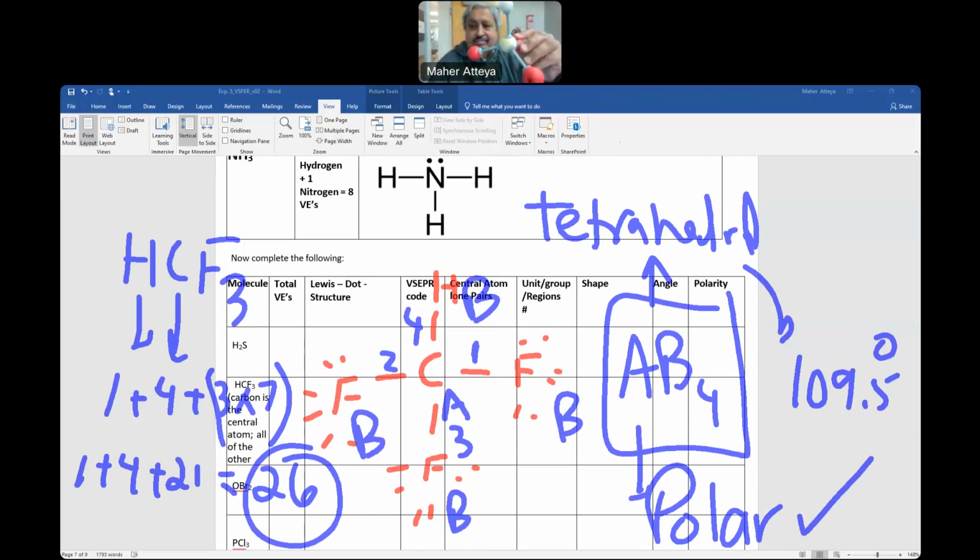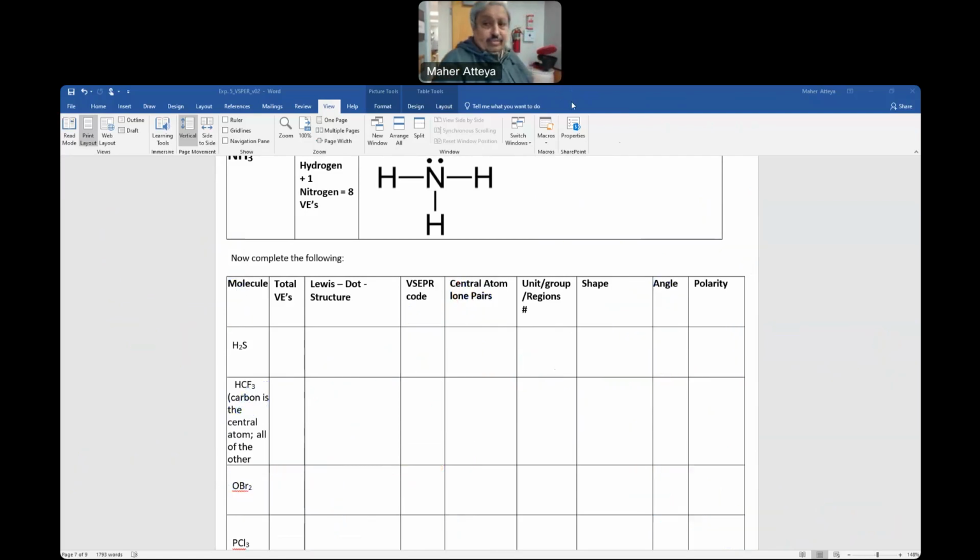Now we are going to go over the third one. The time is still plenty. That's good. So any question about this? It is polar. And you know why polar? Because we have 3 fluorine, 1 different hydrogen. If all of them were fluorine, that would be non-polar. If all of them were hydrogen, that would be non-polar. So therefore, take this one out.